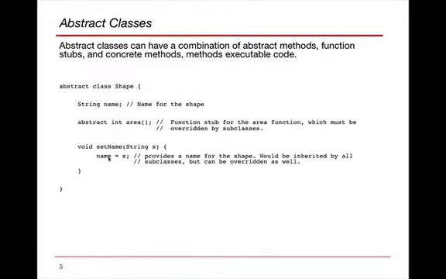This is the actual concrete code. So the circle class and the rectangle class from the slide before would now have accessible to them this set name method, which they could use. And it could be overridden if the programmer wanted to, but in this case it is providing at least one of the methods. So abstract classes allow you to have a combination of both abstract methods as well as concrete methods.